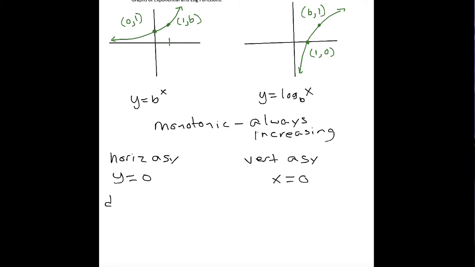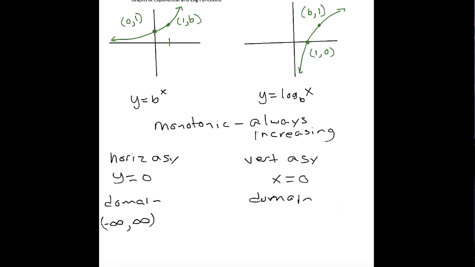The domain on this one is from 0 to infinity, not including either one of those. Sorry, wait a minute. The domain on this first one is negative infinity to infinity.